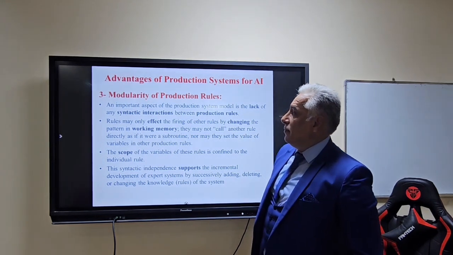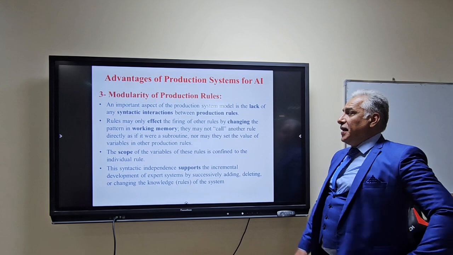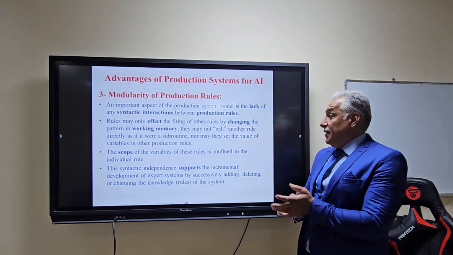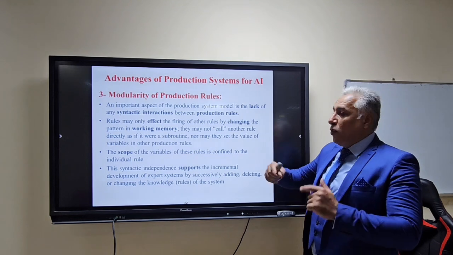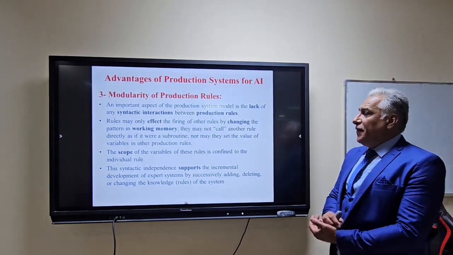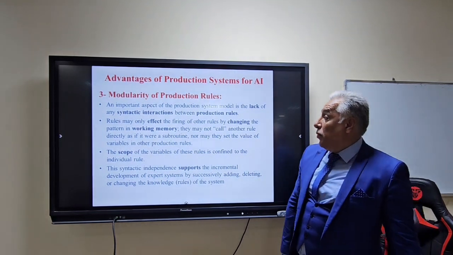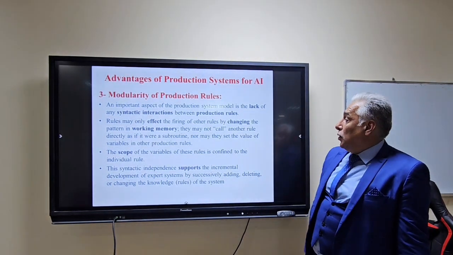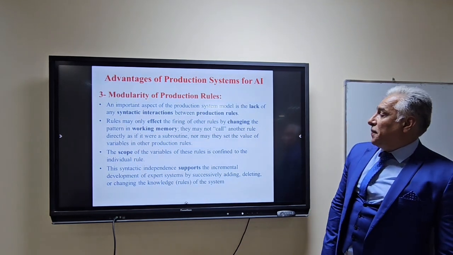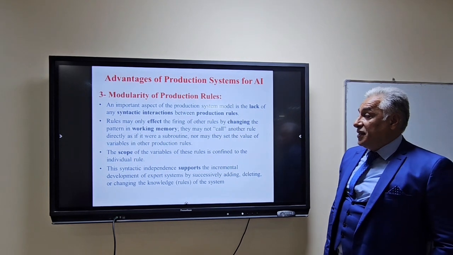The third one, modularity of production rules. An important aspect of the production system model is the lack of syntactic interactions between production rules. Rules may only affect the firing of other rules by changing the patterns in working memory. They may not call another rule directly as if they were subroutines, nor may they set the value of variables in other production rules.